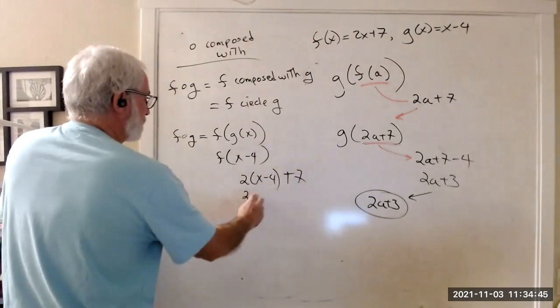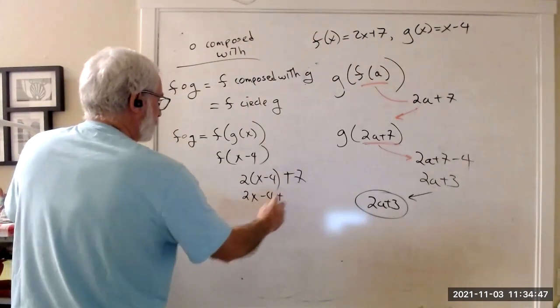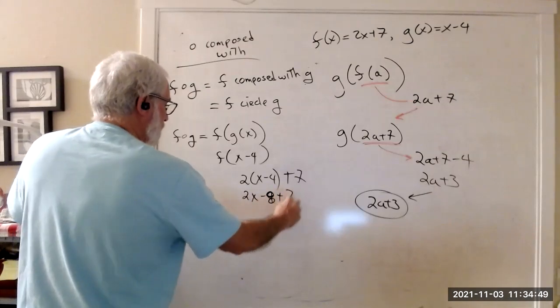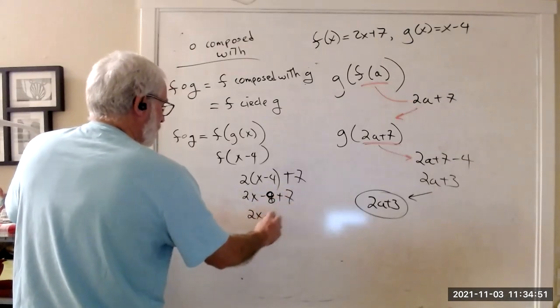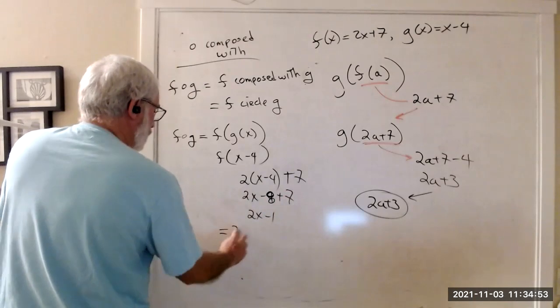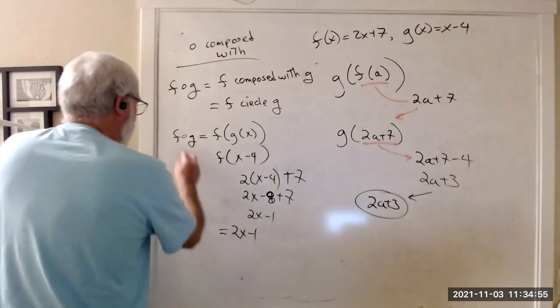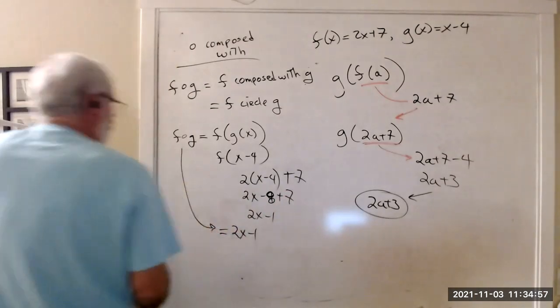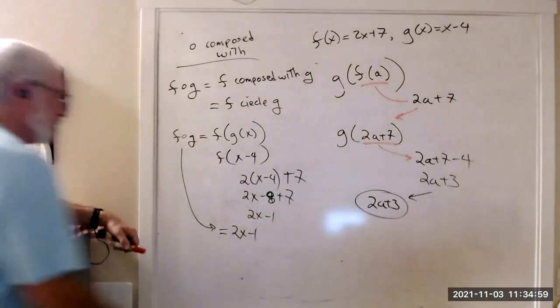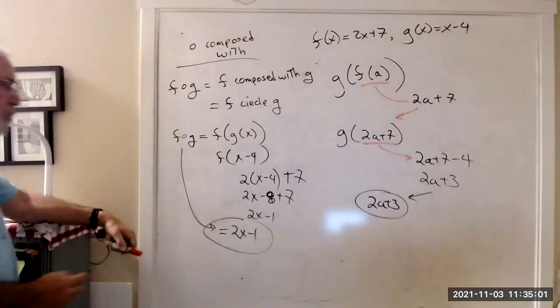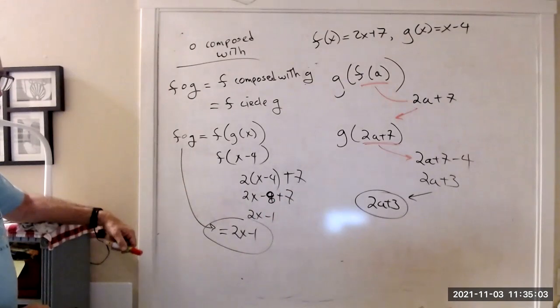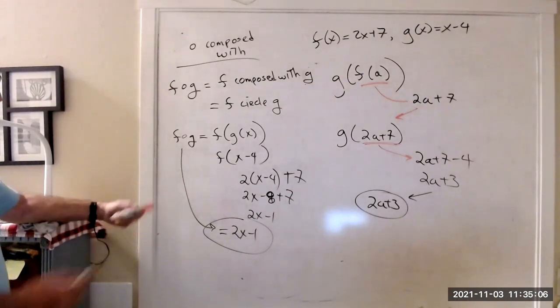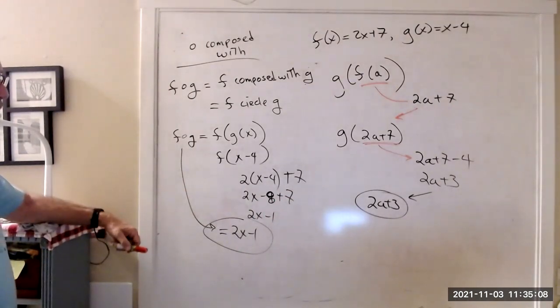Clean it up. Minus 8, come on, dummy, plus 7. So there's your answer, 2x minus 1. F circle G became 2x minus 1. Again, you're just doing algebra arithmetic. You're not solving anything, so just circle the stupid thing.